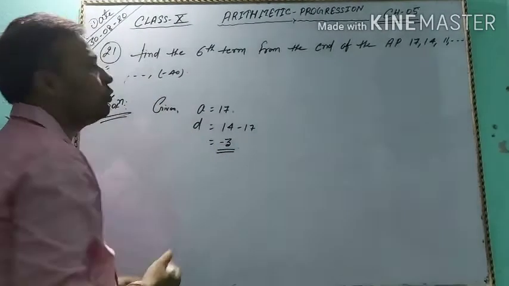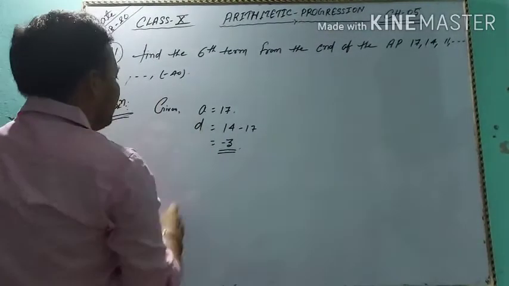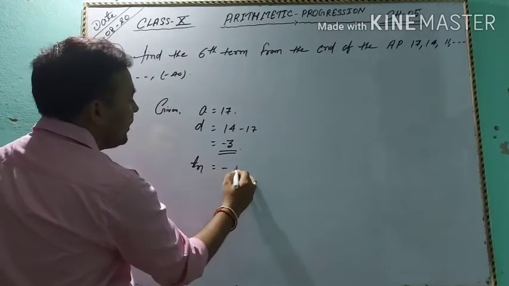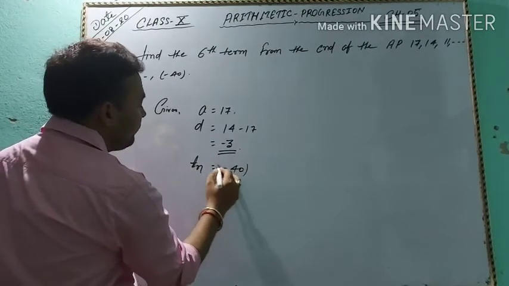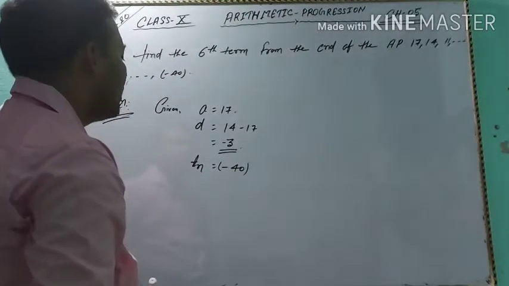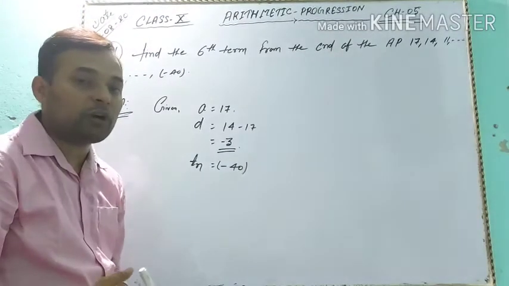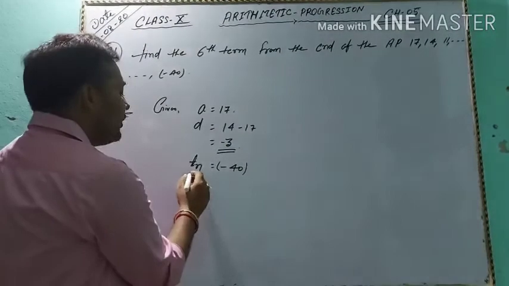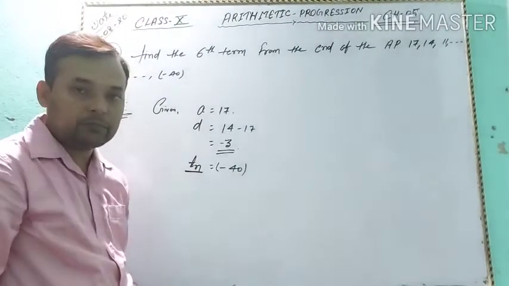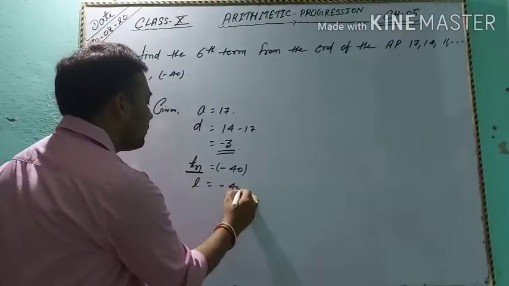So d equal to minus 3, and here Tn equal to minus 40. Okay, that is the last term. This last term is called L. So we write that Tn and L both are the same. So L equal to minus 40.